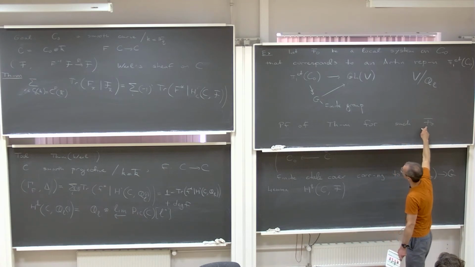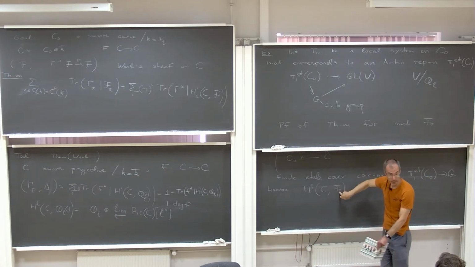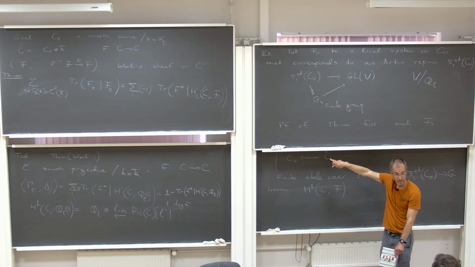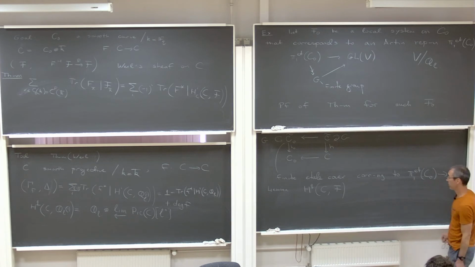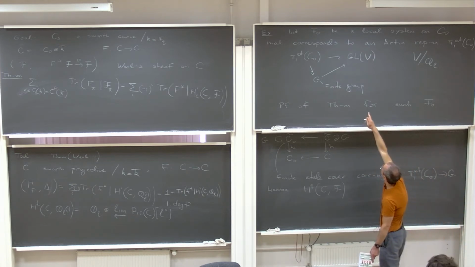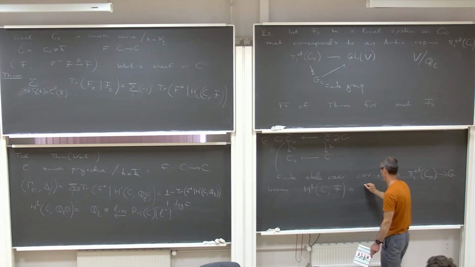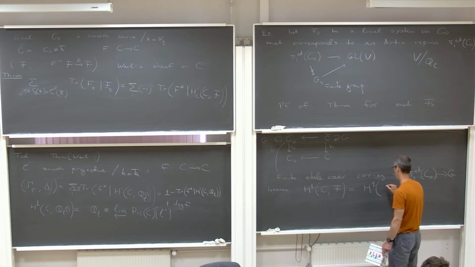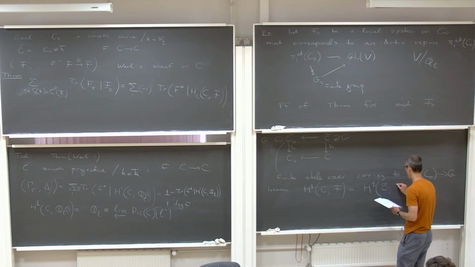F0 is a sheaf, a local system on C0, and F is the corresponding local system on C, in terms of this representation V. I claim that this is equal to H_Q of C tilde with constant coefficients.